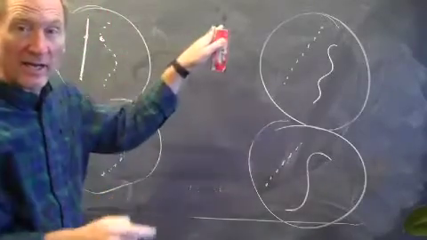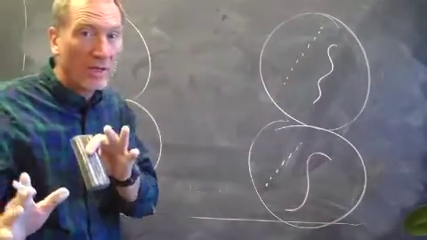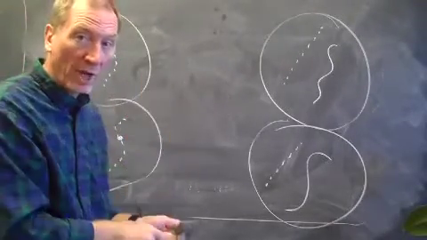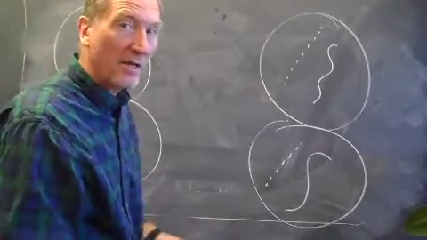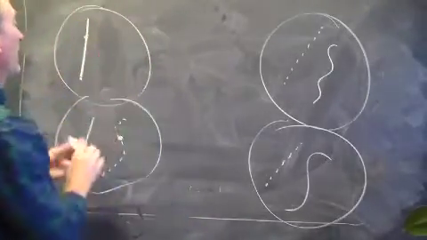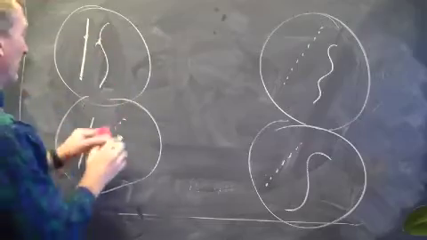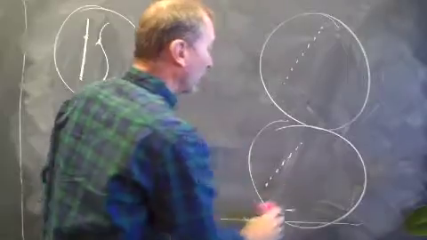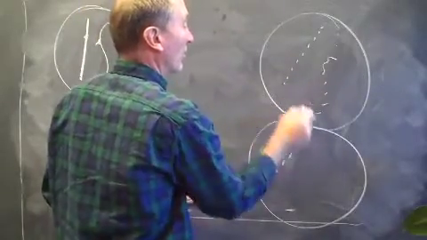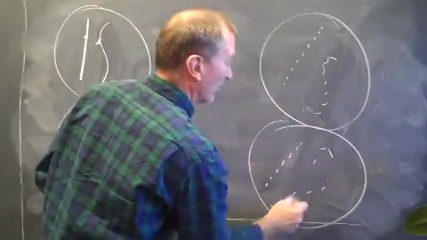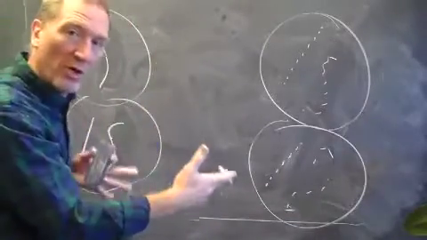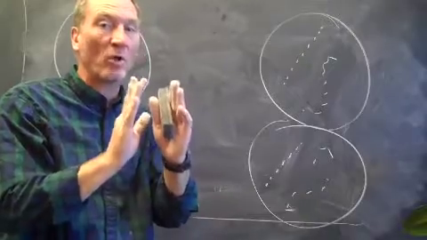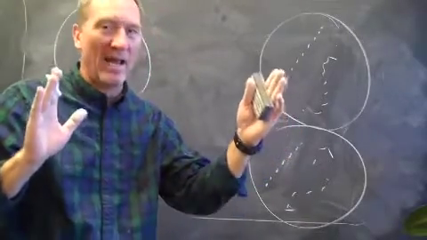But if we had taken a look at anaphase 2 from the previous example, where both solids went together and both dotteds went together, then the gametes would have looked different. The gametes would have looked like this, where the solids are both together and the dotteds are both together. And those are two different types of gametes, all because of the way the chromosome pairs separated at anaphase 1.